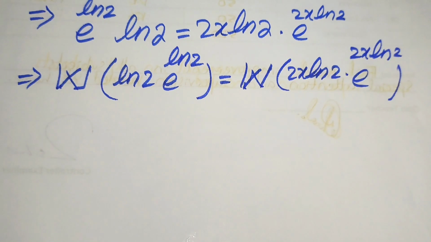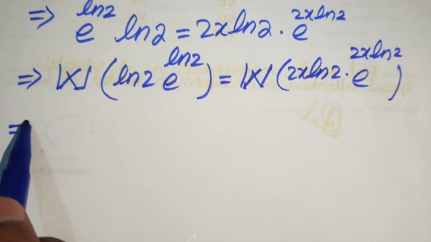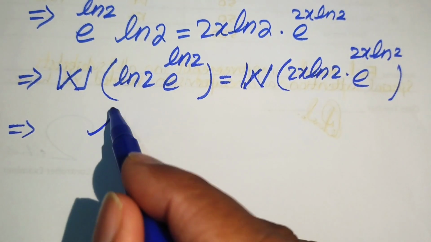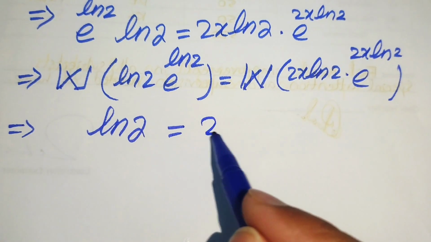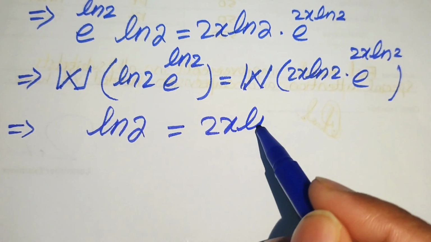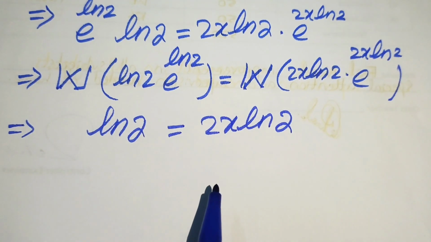After this step, the output of this function will be written as log 2, and the output of this function is written as 2x log 2.